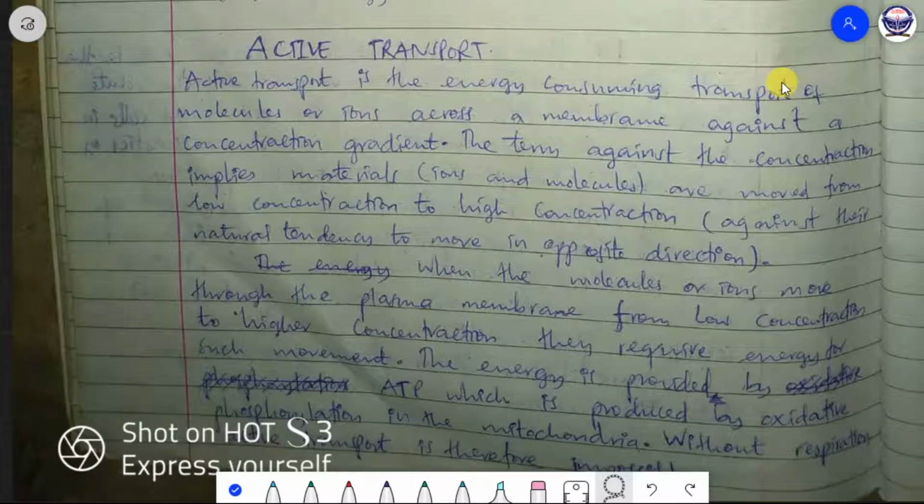So combining the concentration and electrical gradient, we call it the electrochemical gradient. Now, the term against concentration implies that materials, meaning ions or molecules, are moved from low concentration to higher concentration, against their natural tendency to move in the opposite direction.